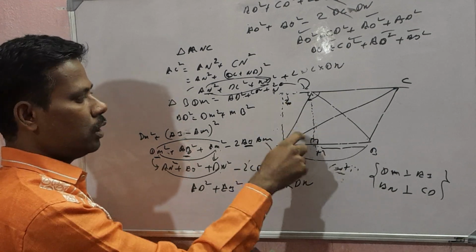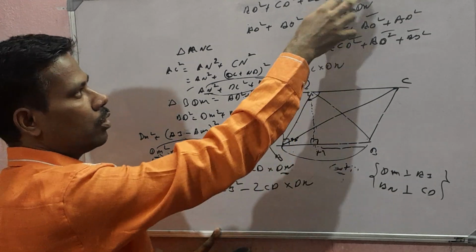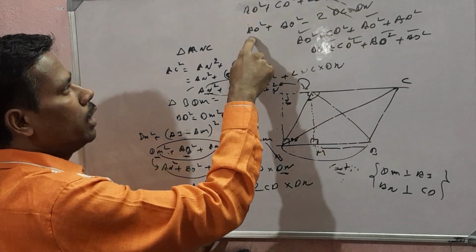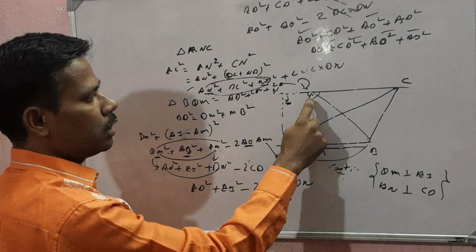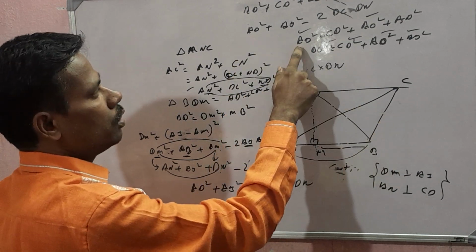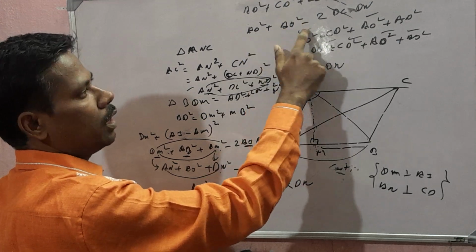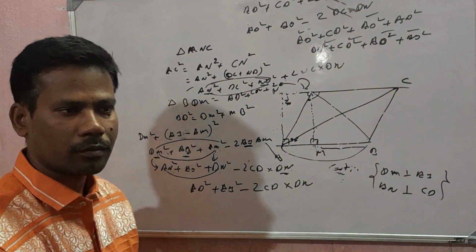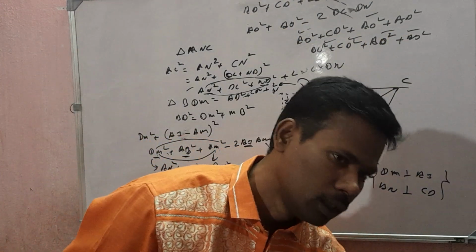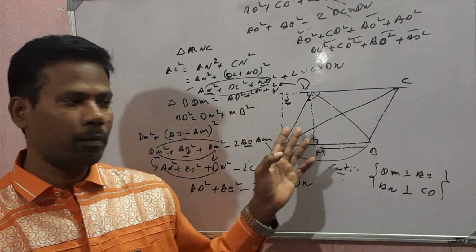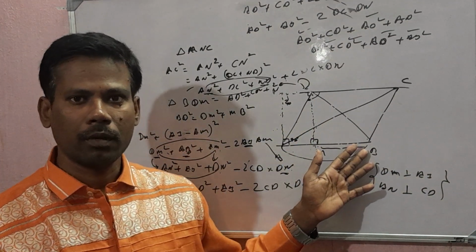Why I have written this? Because I want to cancel these two. So AD twice it is given, but AD is nothing but BC. So in place of AD I have written BC, CD, AD, AB. There is the problem. Very lengthy problem. Parallelogram properties and rectangle properties I have applied.